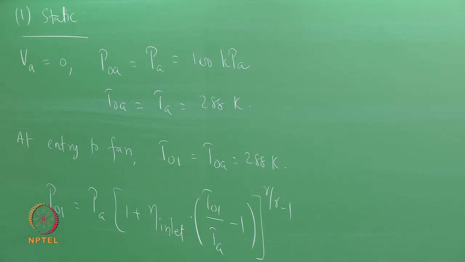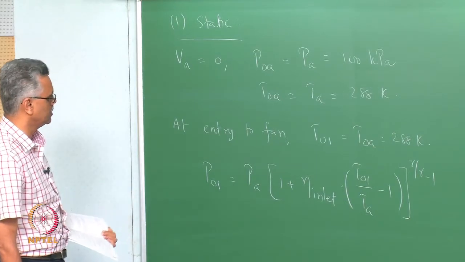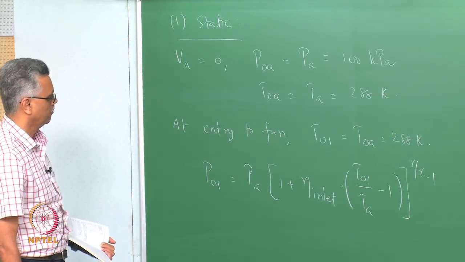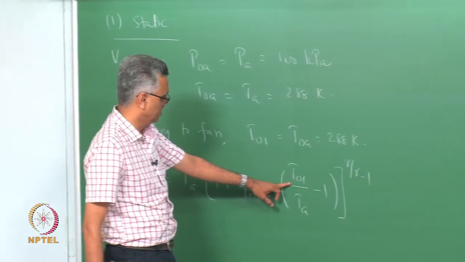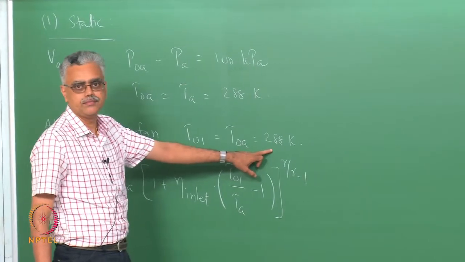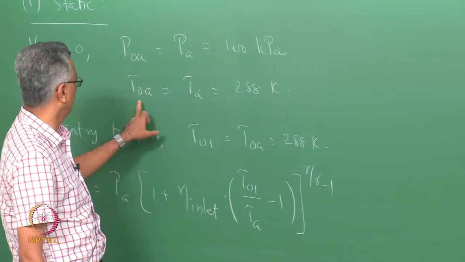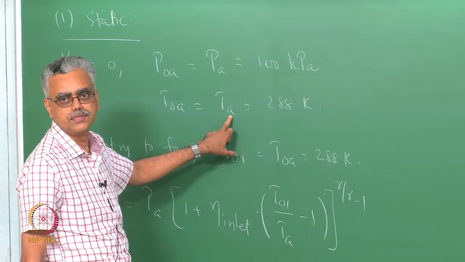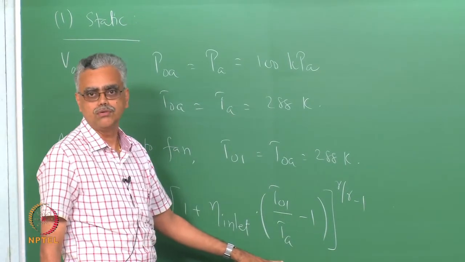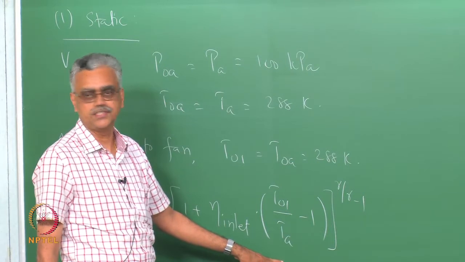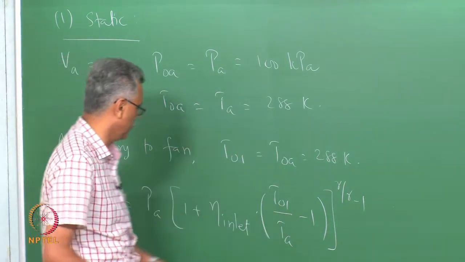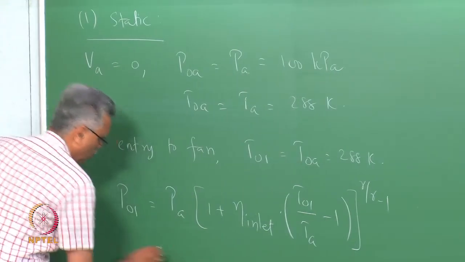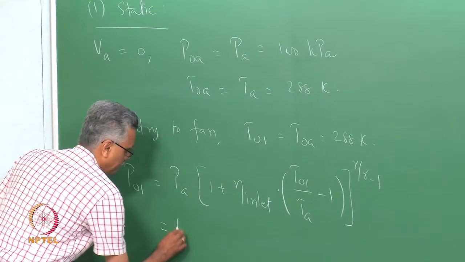So, eta inlet is known, all the other quantities are known. If you plug in the numbers, the fact that T01 is equal to T0A and the fact that T0A is equal to Ta makes this term 0, because we are looking at static test conditions. So in fact this stagnation pressure P01 also comes out to be 100 kPa.